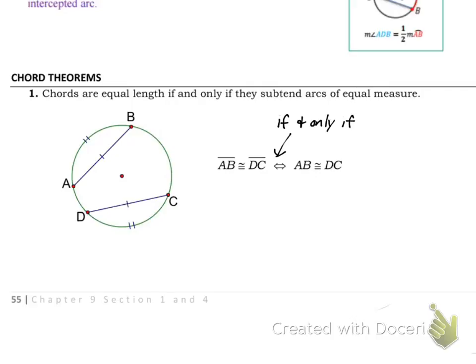That means I can go both directions with it. If these 2 lines are congruent, then our arcs are congruent as well. They should have arcs on there, let me go ahead and draw those in. Our arcs would be congruent as well. Just like if my arcs are congruent, my segments, or my chords, are congruent.